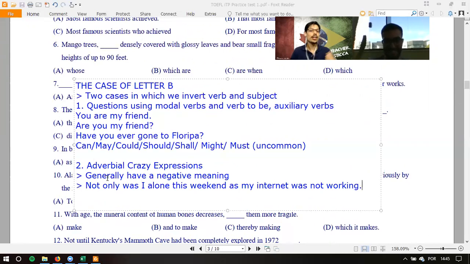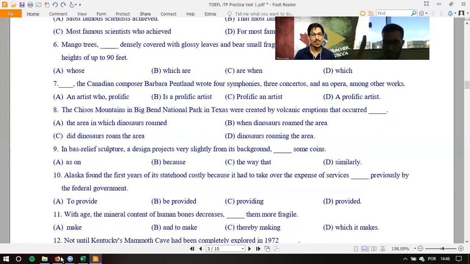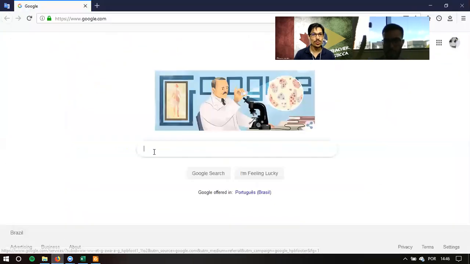Dude, check it out. Not only was I alone this weekend. I inverted here because not only is an adverbial expression, a negative adverbial expression. And I have to be honest with you, I don't know by heart all the expressions because they're not many and they're not so common.